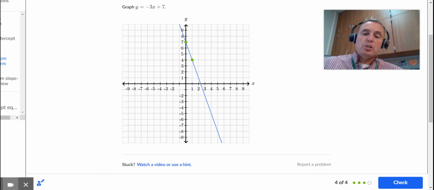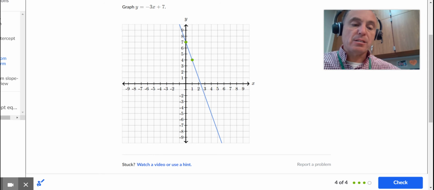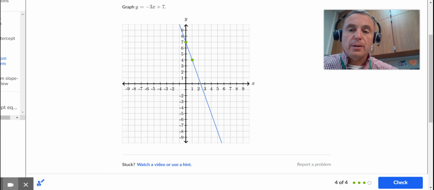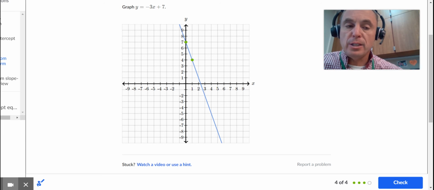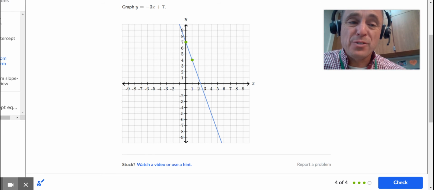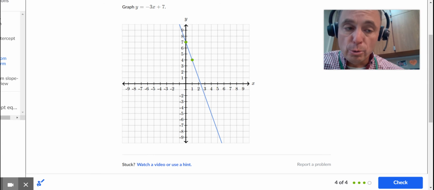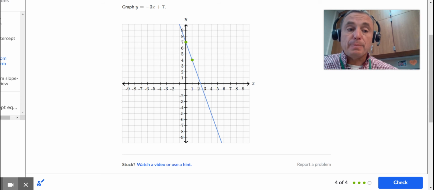Now let me explain to you why I say this is solving. The reason I say that this is solving is because it's impossible to write down all the solutions to this two-variable equation. This is an equation that you would say has an infinite number of solutions. So the way that we can show the solutions is by graphing.